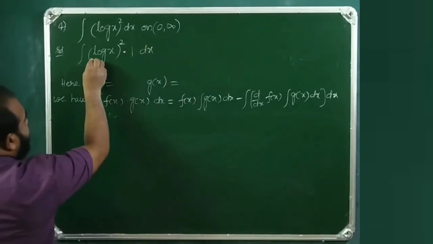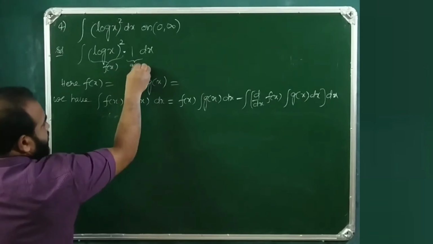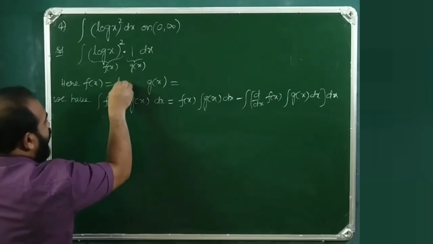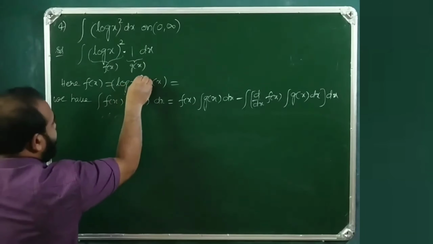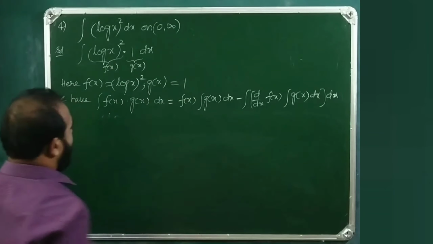So obviously this is f of x and 1 is g of x. So f of x is log x whole square and g of x is equals to 1.